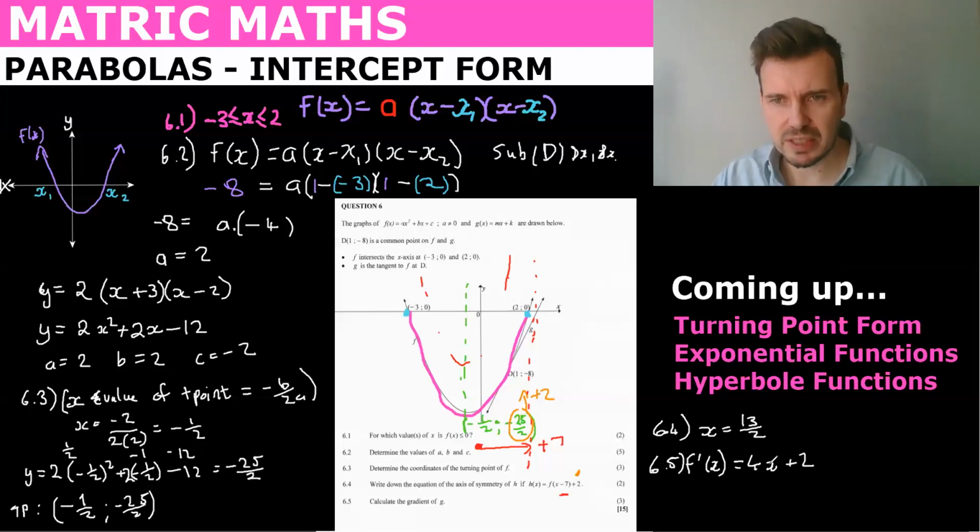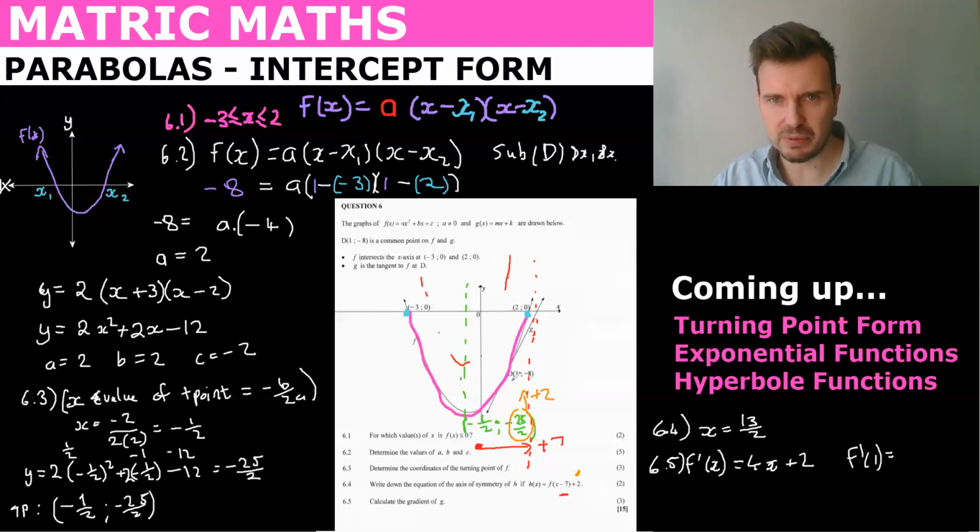So now this tells you the gradient of this pink graph f of x at any point. And if I was to substitute in the x value of the point, it would tell me the gradient at that point. Well, I know the x value is 1. So I can say f dash of 1.